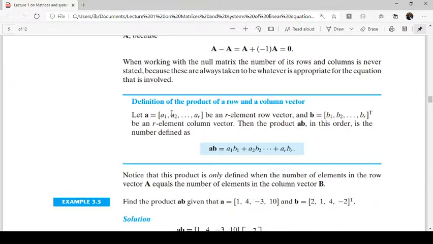So what this is saying is that when you multiply A by B, this is what you will have. That is A multiplied by B. Now I need to say something.